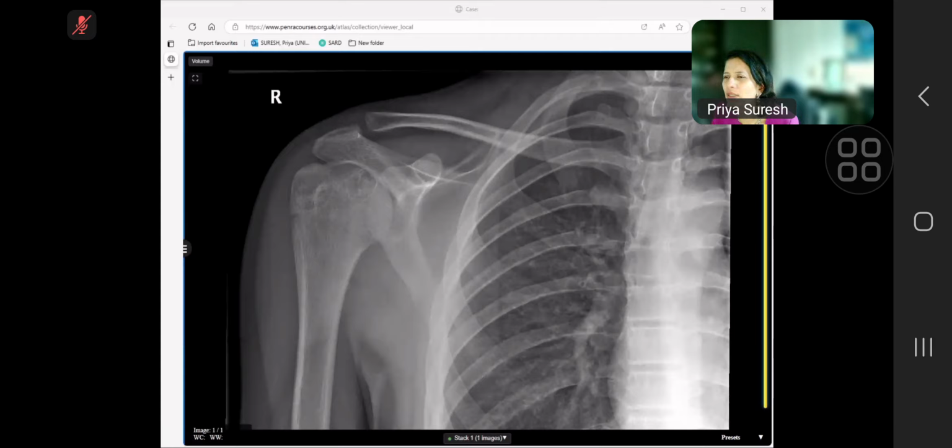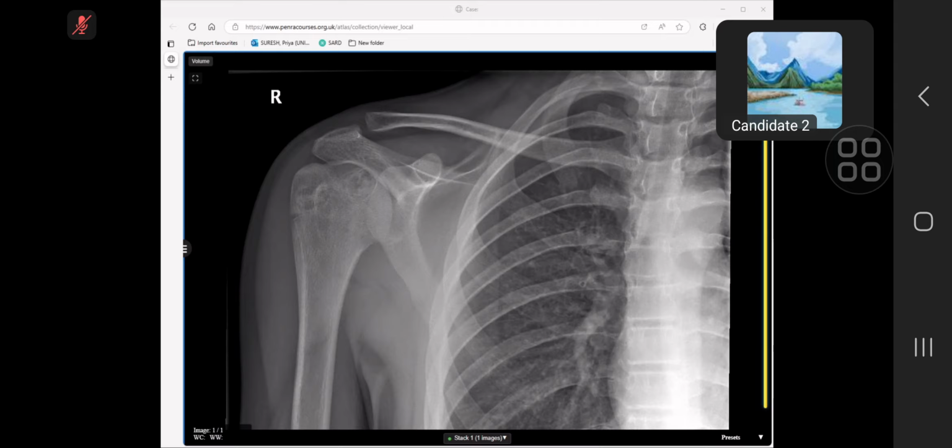So this is a young patient again, presenting with fullness in the shoulder. This is an X-ray of the right shoulder of an immature skeleton. I can appreciate that there are some motheaten lucencies along the epiphyseal region of the right humerus.